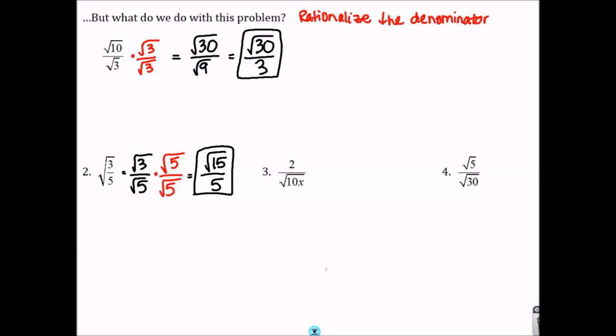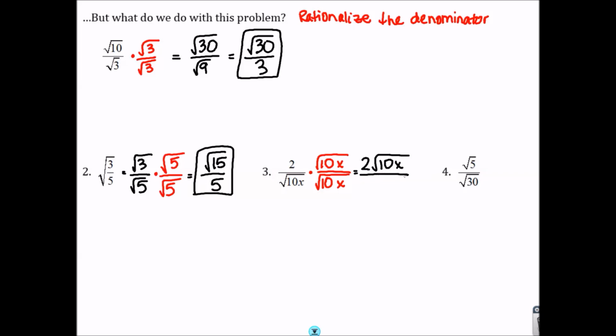This next one here is a little bit trickier. We have 2 divided by square root of 10x. So we have a variable in here, but it's still the same idea. We're going to multiply both the numerator and denominator by square root of 10x. In the numerator, we're left with 2 square root of 10x.